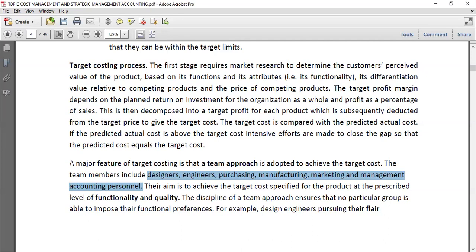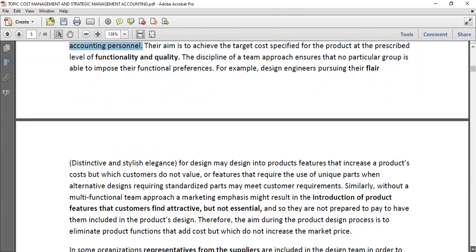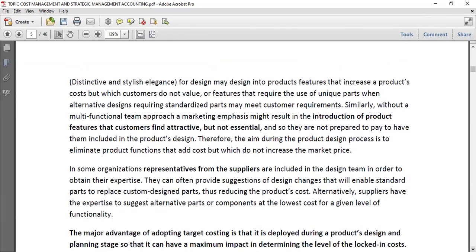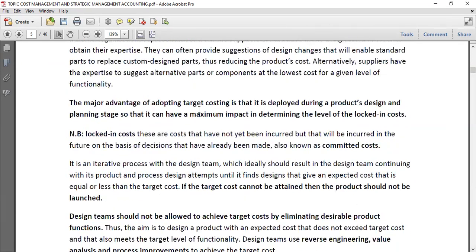So that is very key when it comes to the target costing approach. One of the other things we need to understand, in terms of the major advantage of target costing, is that it is deployed at the product design level, at the planning stage.